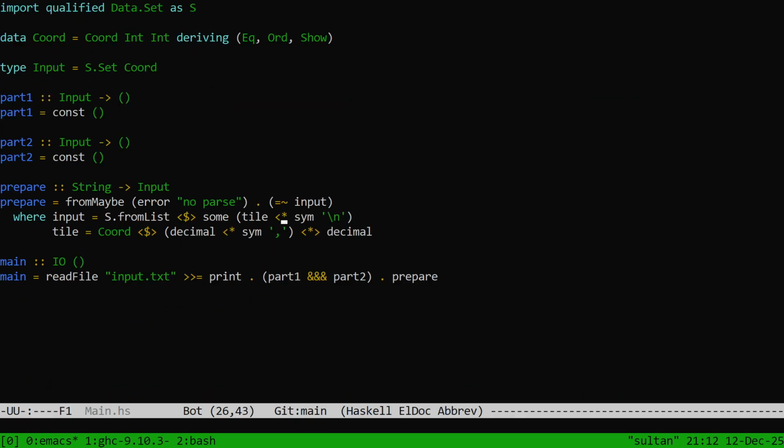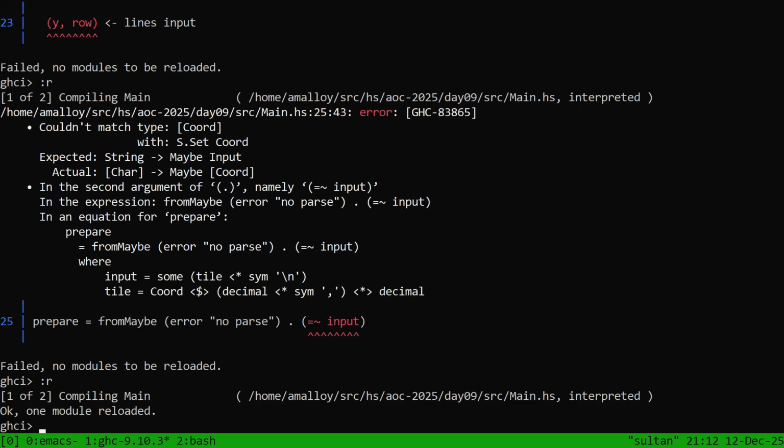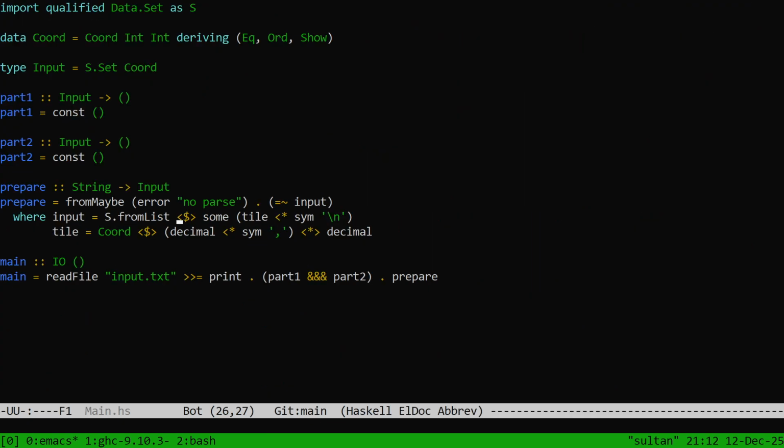So we parse some tiles, and we from list the resulting list of tiles, and a tile is just a coordinate wrapped around some decimals surrounded by a comma. So let's confirm that we actually can parse the input. And we can, great.